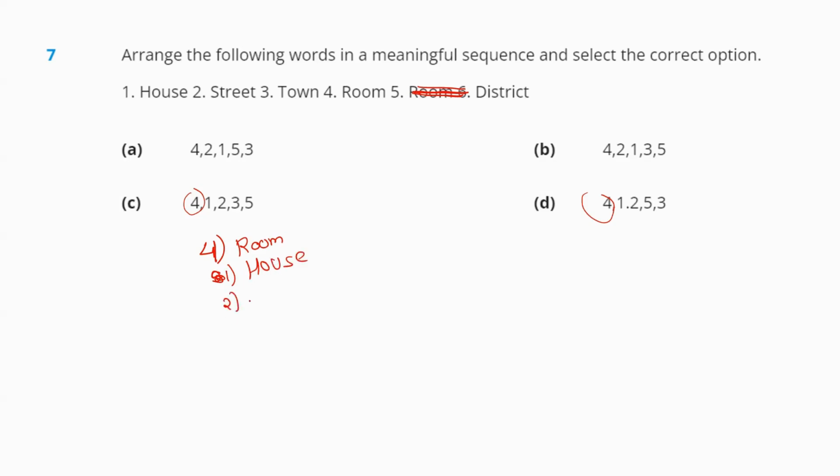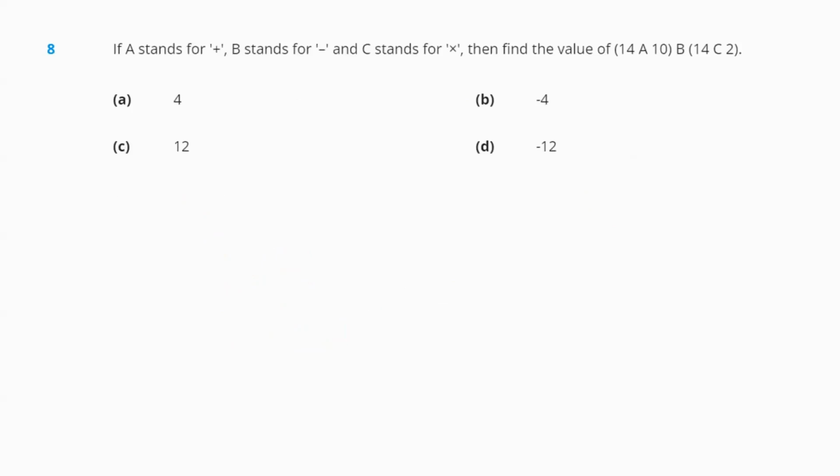Houses are in street. Streets are there in town. And towns are there in district. So our correct answer is 4, 1, 2, 3, 5. Answer C is the correct answer. Moving on to the next question.